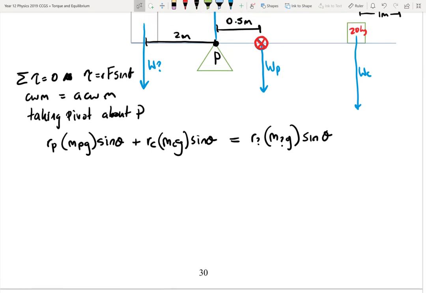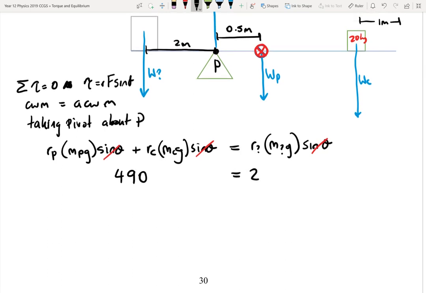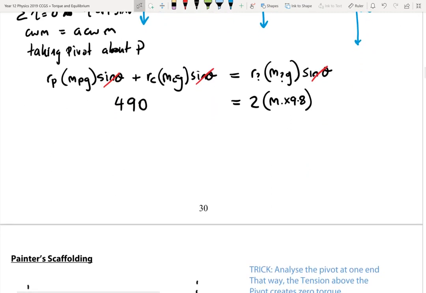Now, you could put sine 90 or you could cancel them out. Let's just evaluate this first. The clockwise moment sums to 490 Newton meters clockwise. That means that when placed 2 meters away, the unknown mass must also produce a 490 anti-clockwise moment to balance.